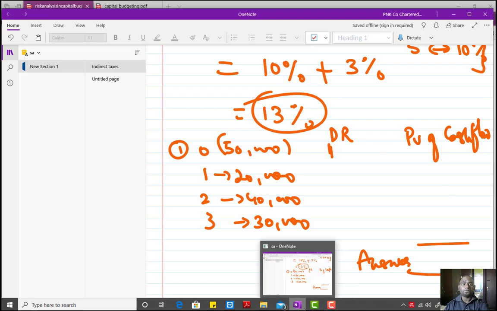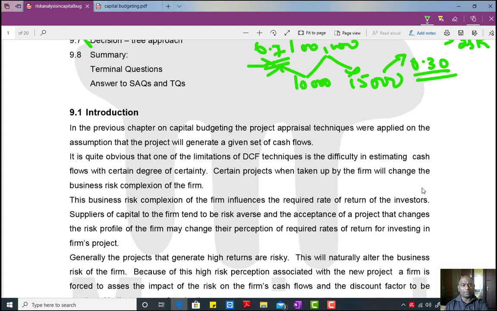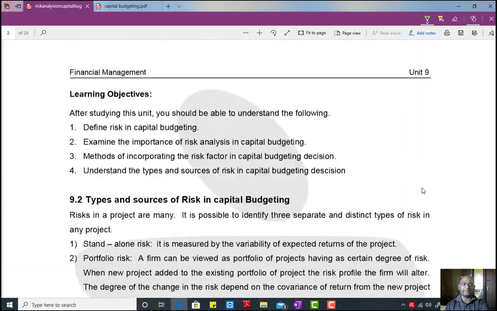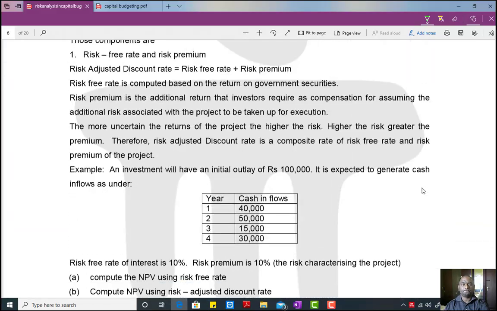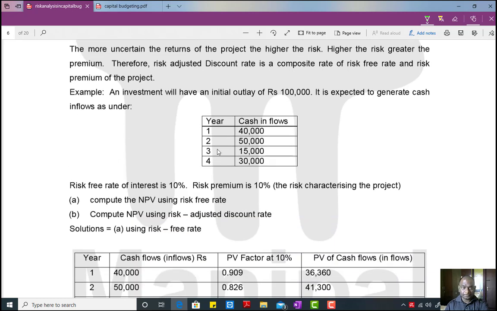Let me take up one problem on the risk adjusted discount rate. An investment has an initial outlay of 1 lakh. It is expected to generate cash inflows as follows.